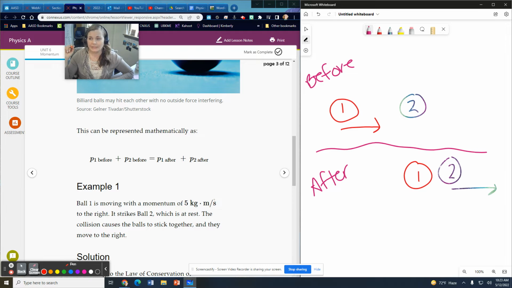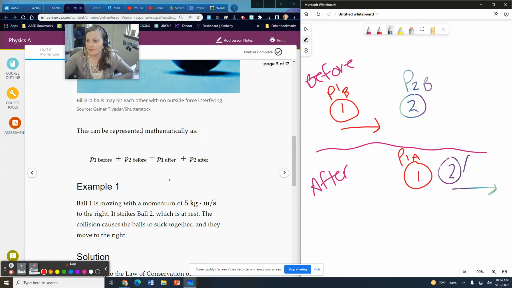And we can calculate the momentum of ball one, because you have the momentum before the collision. We'll call that P1 before. And then we'll have the momentum of ball one after the collision, that is P1 after, P1A. And then we have the momentum of ball two, which we'll call P2 before.